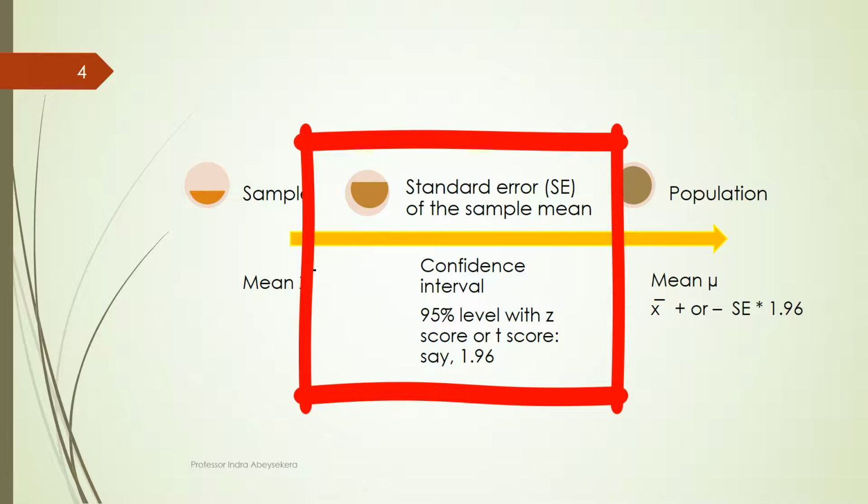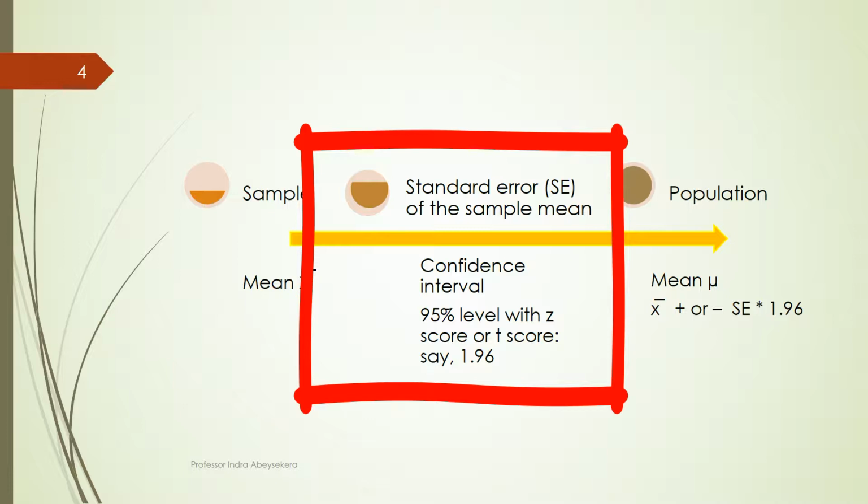In relation to the mean, the sample mean can contain errors when we talk about the population. That deviation from the population mean is called the standard error of the sample mean about the population.